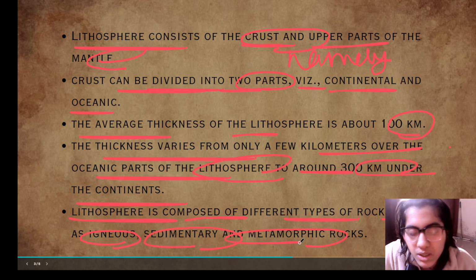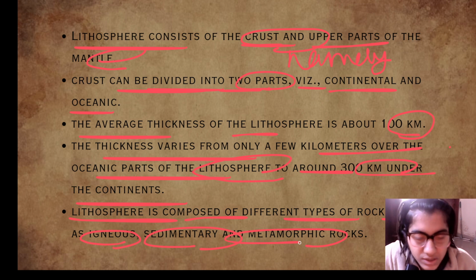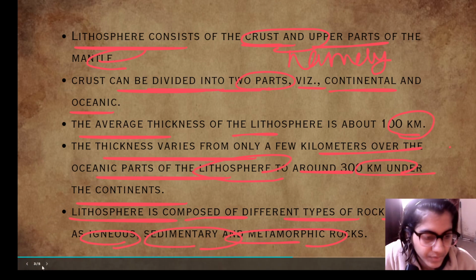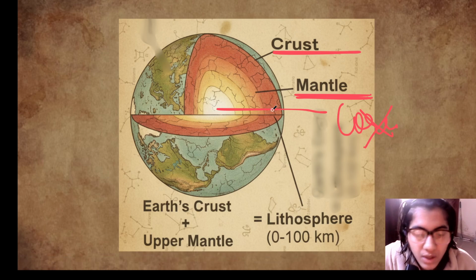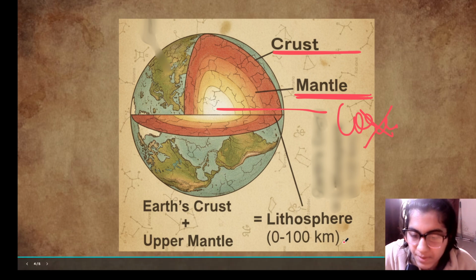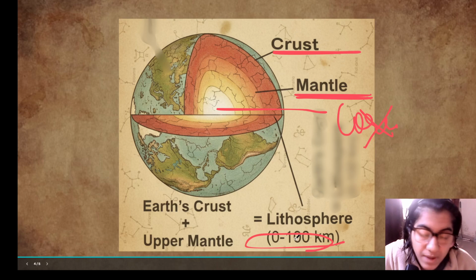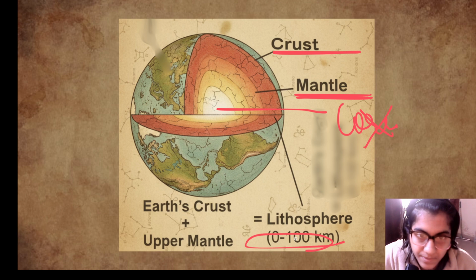We will look deeply into these different types of rocks later in the chapters, so don't worry. So now we know some important features of the lithosphere: it contains the crust and the upper parts of the mantle, and it spreads 0 to 100 kilometers beneath the Earth's surface.